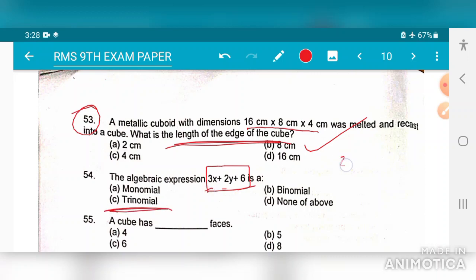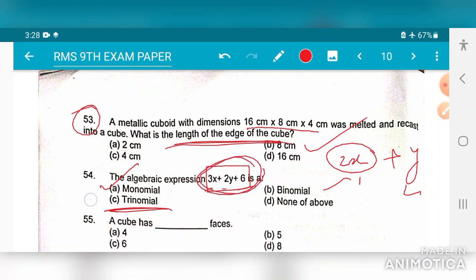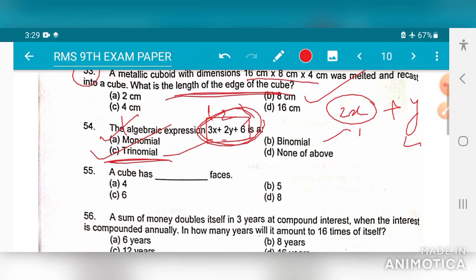If only one term is there, it is called a monomial. If I write 2x plus y, here 1 term and 2 term, so it is called a binomial. So the given expression's answer is trinomial. Third one. Next, a cube has 6 faces.